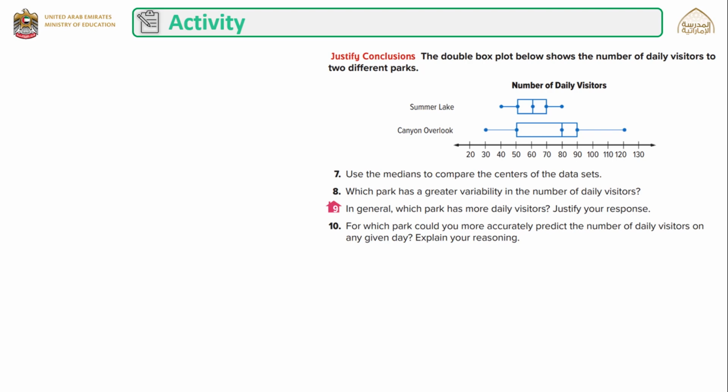In general, which park has more daily visitors? Justify your response. For which park could you more accurately predict the number of daily visitors on any given day? And explain your reasoning.